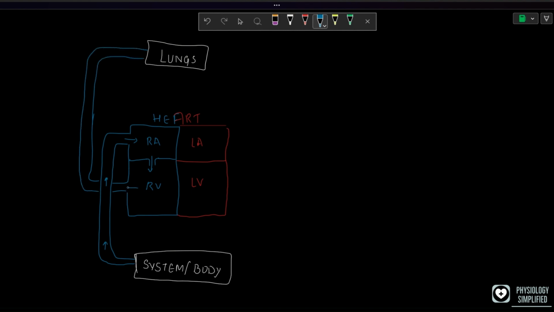From the lungs, the oxygenated blood is received back into the heart to the left atrium. The left atrium then pushes the blood into the left ventricle, from where the oxygenated blood is sent to the body for oxygen use. This completes one cycle of double circulation, both the systemic and the pulmonary.